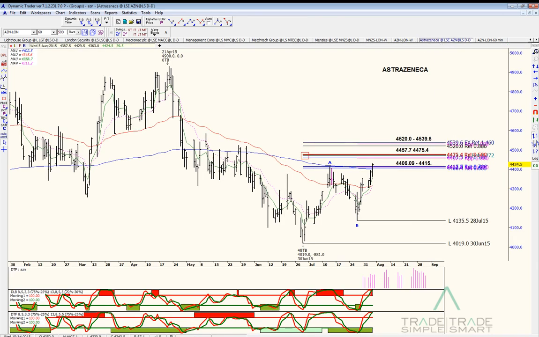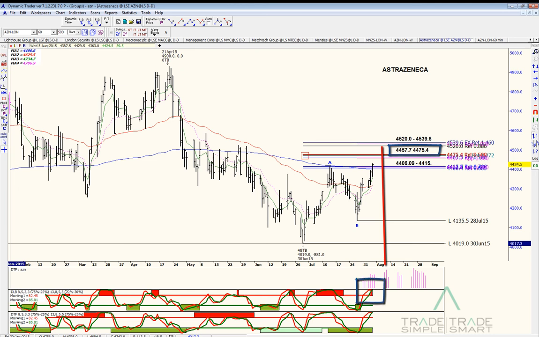In terms of our time windows, we have a time window which is from the 11th of August to the 13th of August. So in terms of our price, we'll be looking at 44.57.7 to 44.75.4 for reversal. We have bearish momentum on our indicators, with both indicators being in the overbought zone.